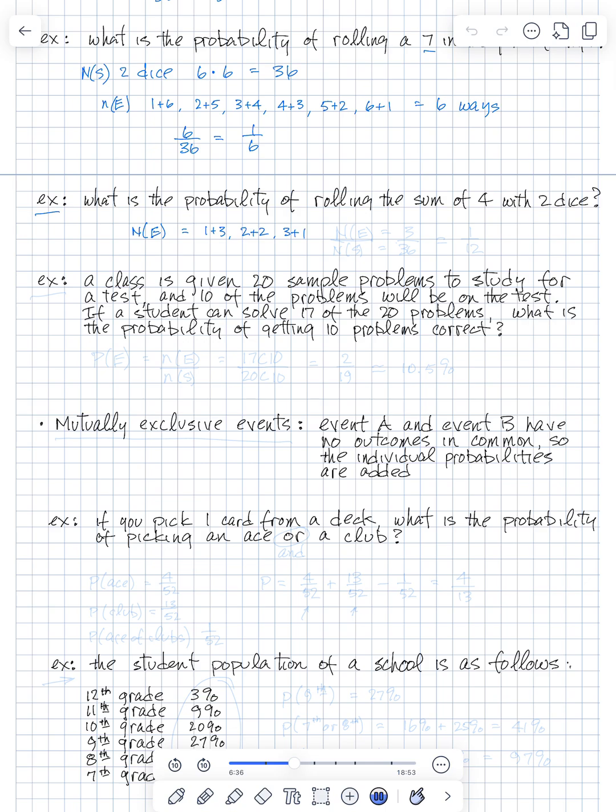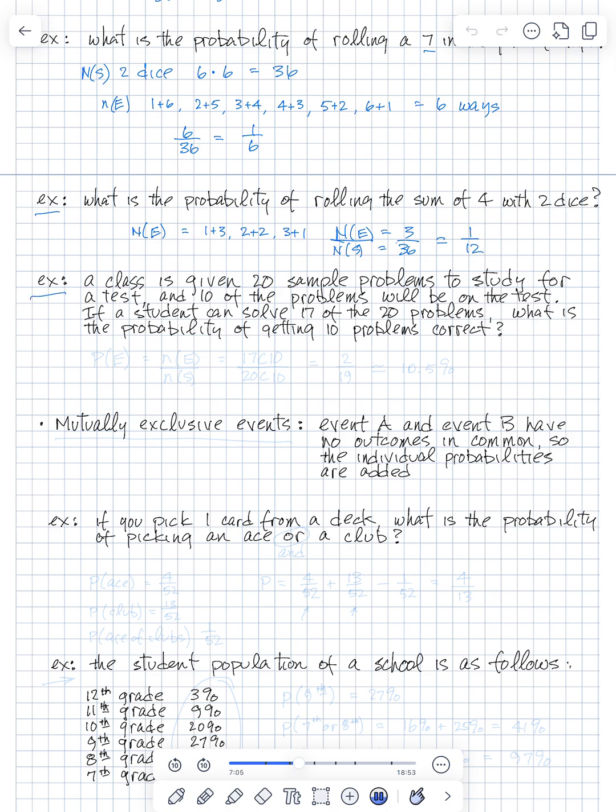So we have possible outcomes equals 3 ways. And we already figured out that n of s is 36. So this is 1/12.